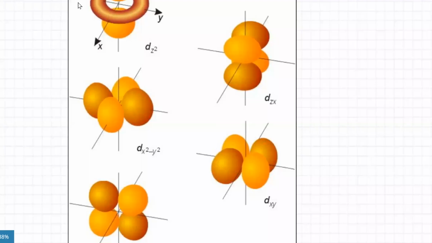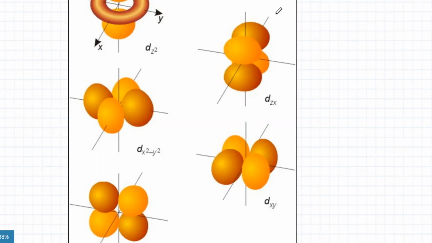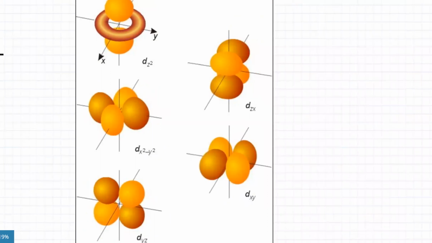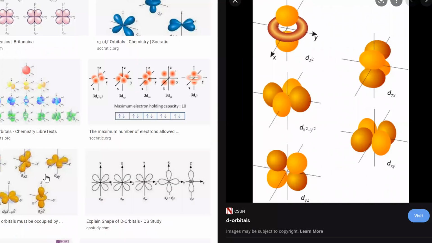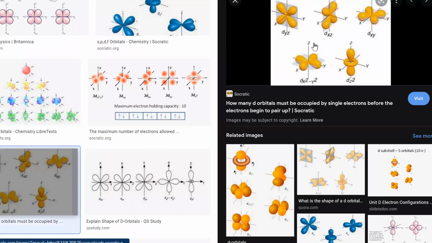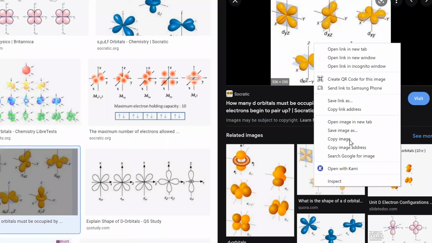Now, these are just names of the orbitals or the name of the orientation. I mean, dzx means that the electron can be found between the z and the x-axis. I mean, this doesn't really clearly show this. Does this? Just a second. Okay, let's take this picture, one second.